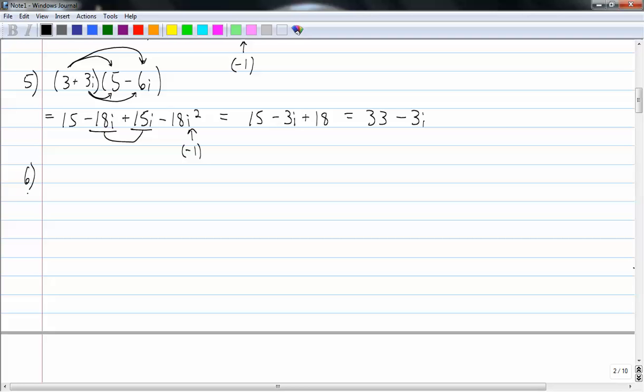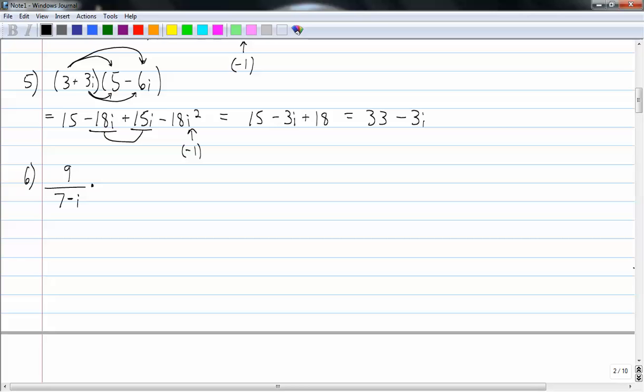Alright, number 6. 9 divided by 7 minus i. So we want to divide and express the result in standard form. So with imaginary numbers or complex numbers, if you divide like this, the way you do that is by multiplying by the complex conjugate.